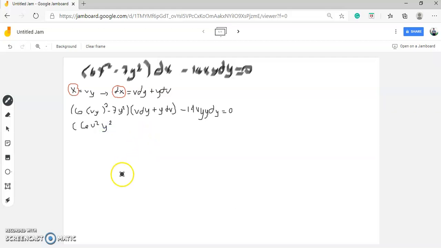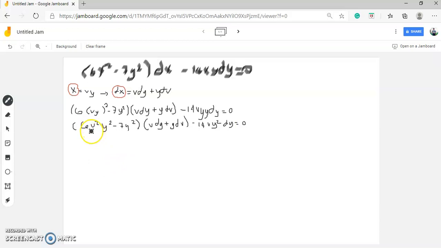Minus 7y squared times v dy plus y dv. So from here, you have 14 v, then y times y becomes y squared dy, which is equivalent to 0.